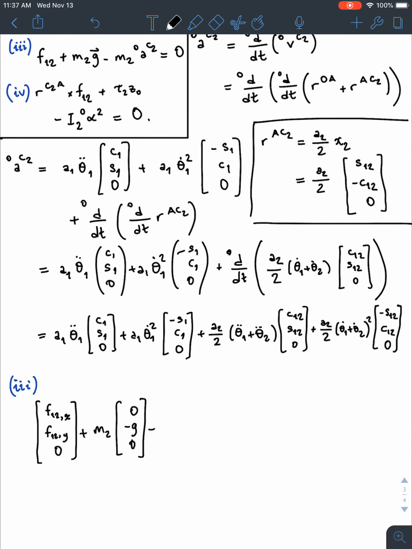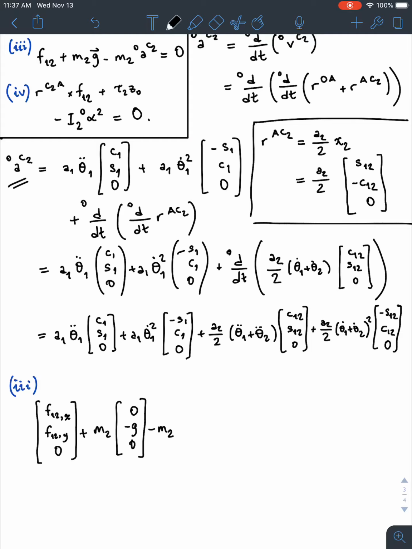And then finally m2 times the acceleration, which is all this thing. That's a pretty long expression to write here, so I'm just going to keep referring to it as that. But whenever you see that now, keep in mind that I mean this expression right there.